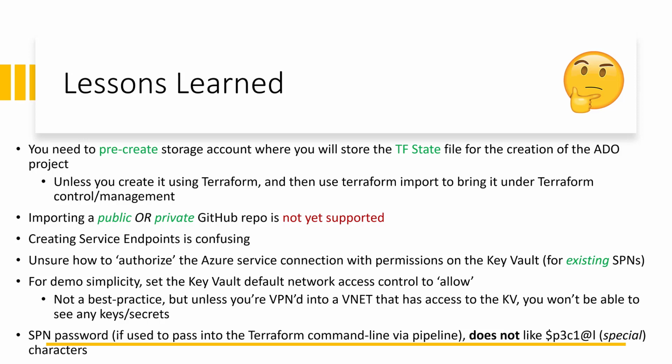Another point that I learned was how to authorize the service connection to the Azure subscription with permissions on the key vault that I'm creating for an existing SPN. So originally, I tried to use an existing SPN I already had in my Azure tenant to leverage for this, and it wasn't working for me. Ultimately, I ended up creating a brand new SPN as part of this deployment and got that working with Key Vault.